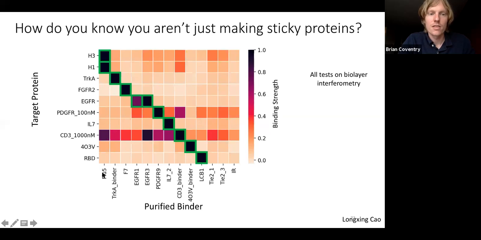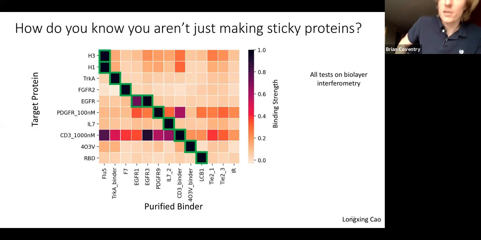So the flu binder binds to both H1 and H3. It's a pan-flu binder, but the TrkA binder binds to TrkA. This target protein was kind of sticky, and so was this one. But in this crude assay here, we have mostly on-target binding.